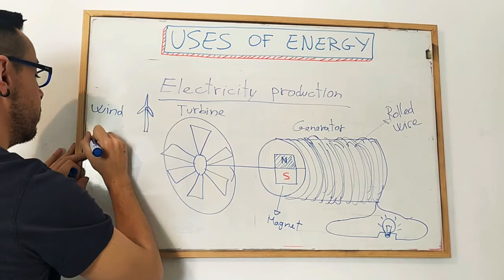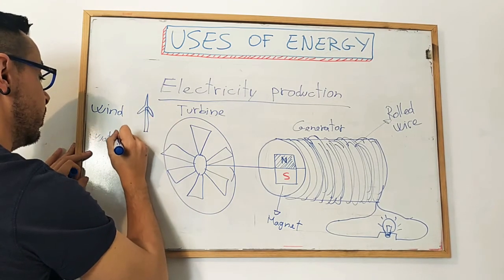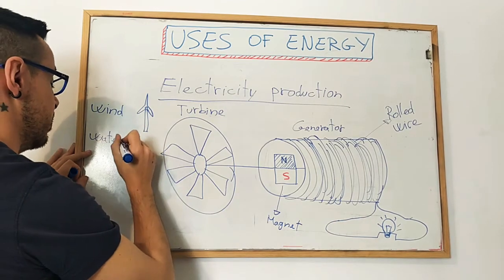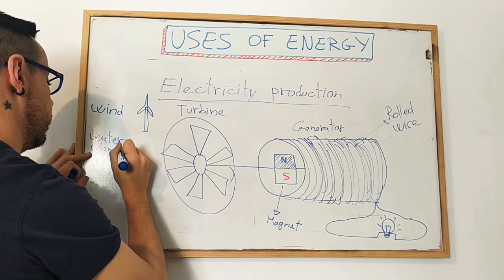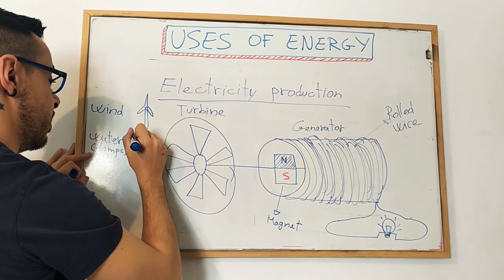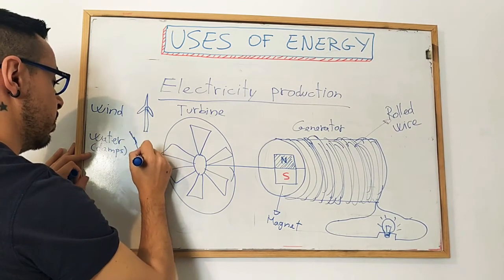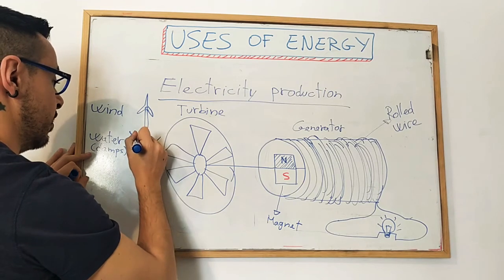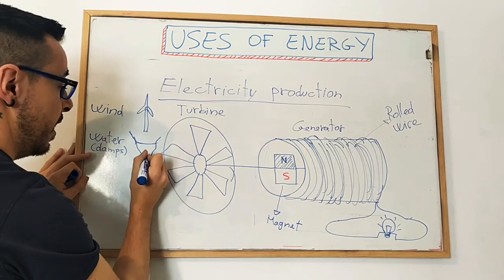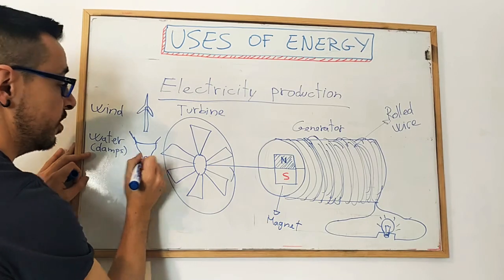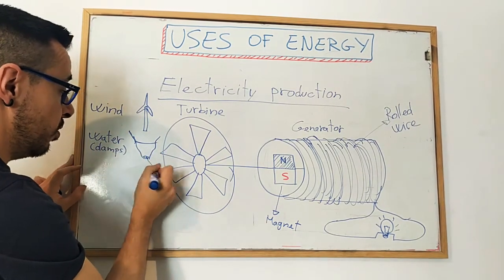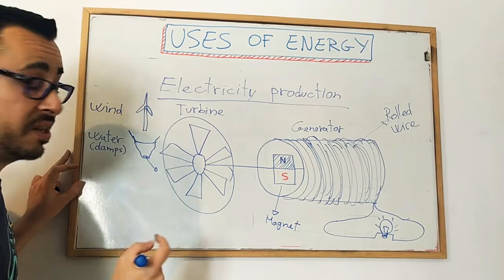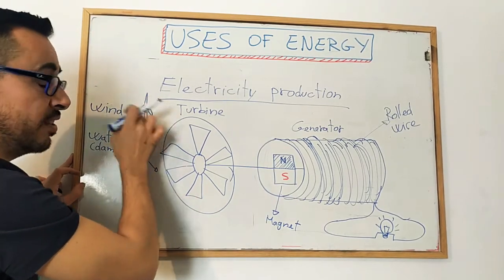It can be moved by water, where? In the dams, okay? You know what's a dam? Presa. In the dams, I'm going to draw a dam. Here we have a dam, and here we have the turbines. When the water passes through the turbine, the water moves the turbine, and here the wind moves the turbine.